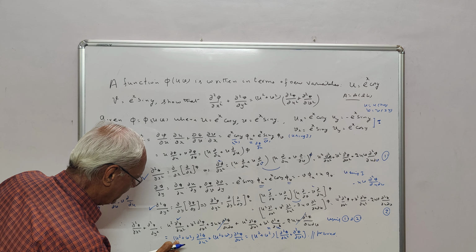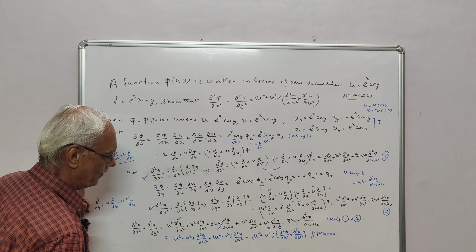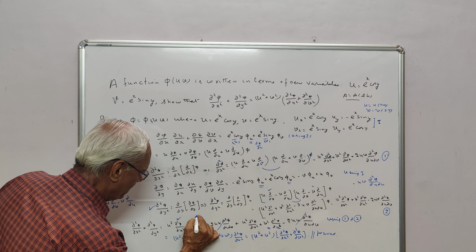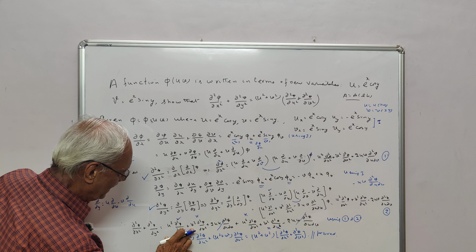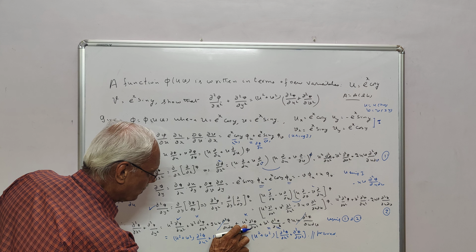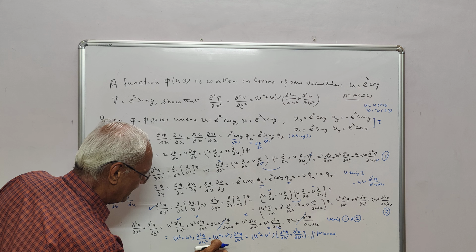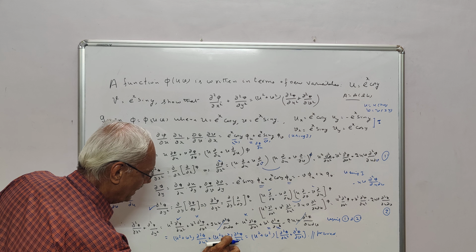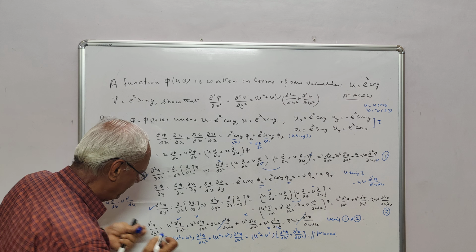When you add, it is u squared plus v squared into ∂²φ/∂u². Then add these two: v squared ∂²φ/∂v² plus u squared ∂²φ/∂v². When you add these two, you will get u squared plus v squared into ∂²φ/∂v². You can find that these are common.